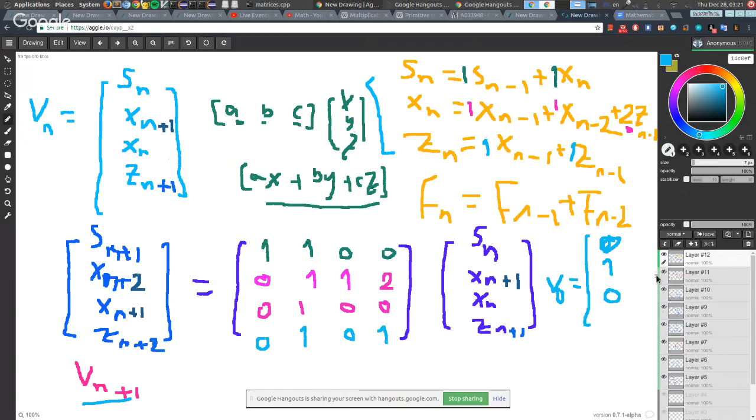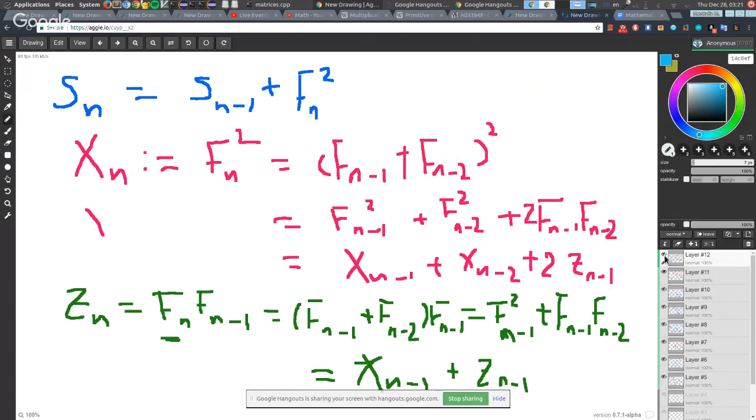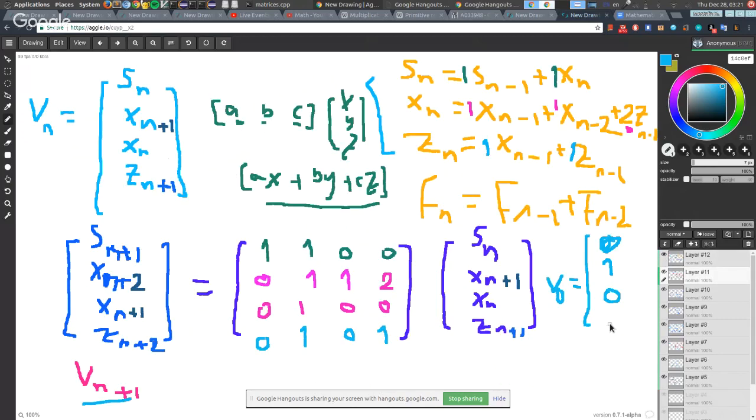And z(n+1): we found that z(n) is f(n) times f(n-1), so here it's f(1) times f(0), which is 0. Okay. So here we have P(n+1) equal to this matrix raised to the power n times v0. We can try to compute that.